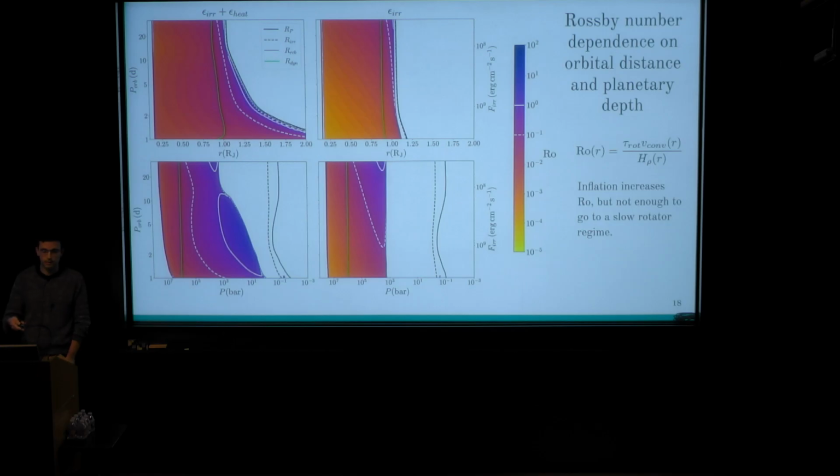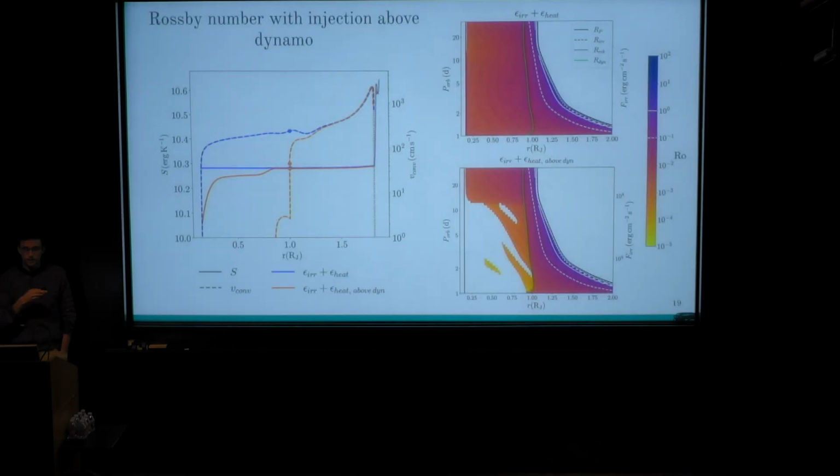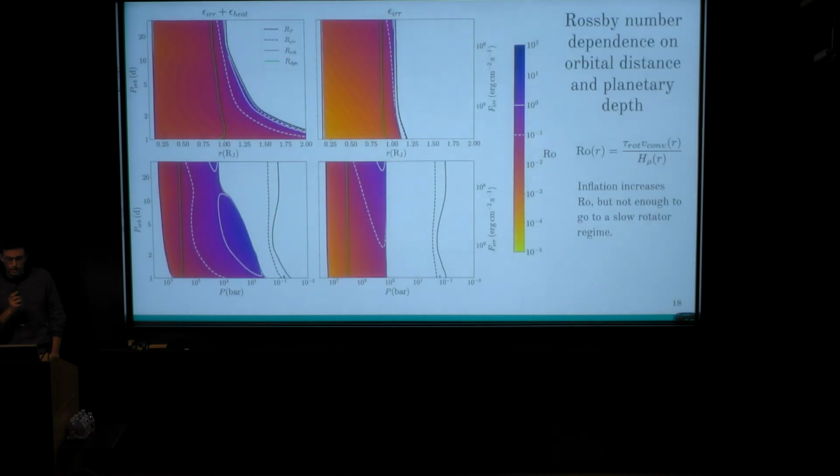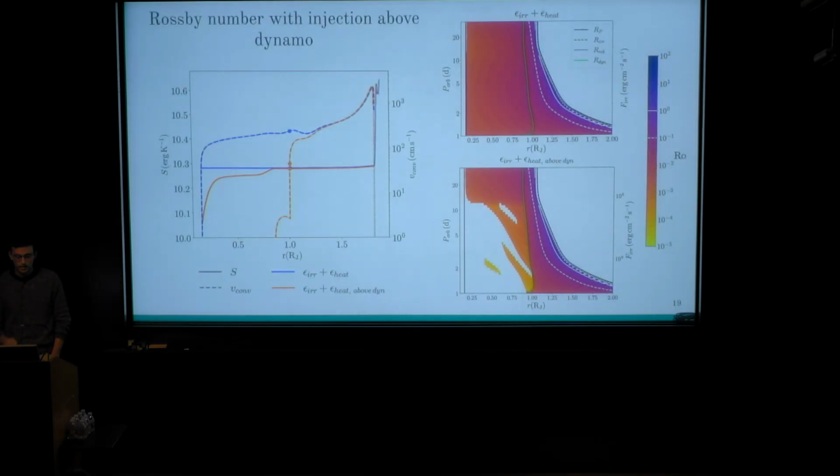So they are still rapidly rotating bodies. Sorry, I forgot to say that these plots are when the heat is applied internally. What happens if I apply it externally? Here it's applied internally, and here it is applied externally.